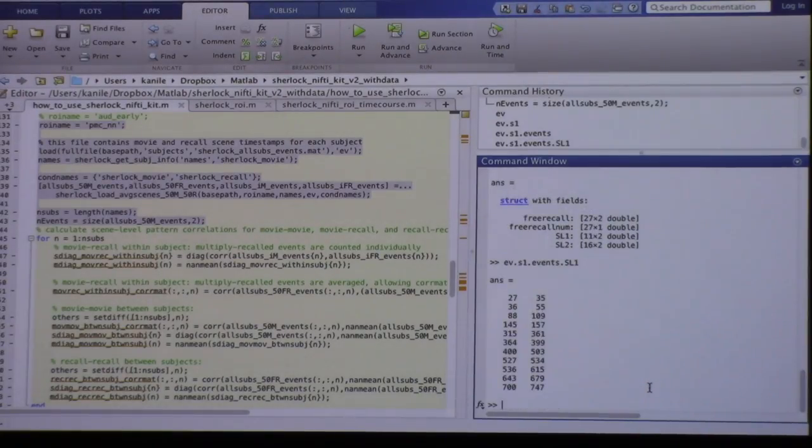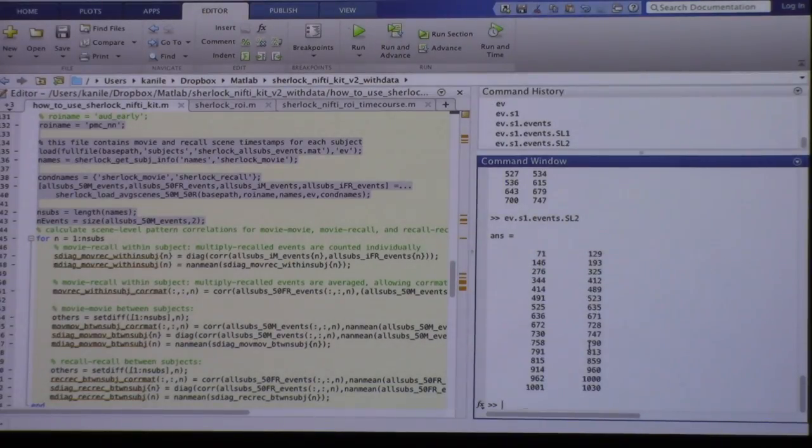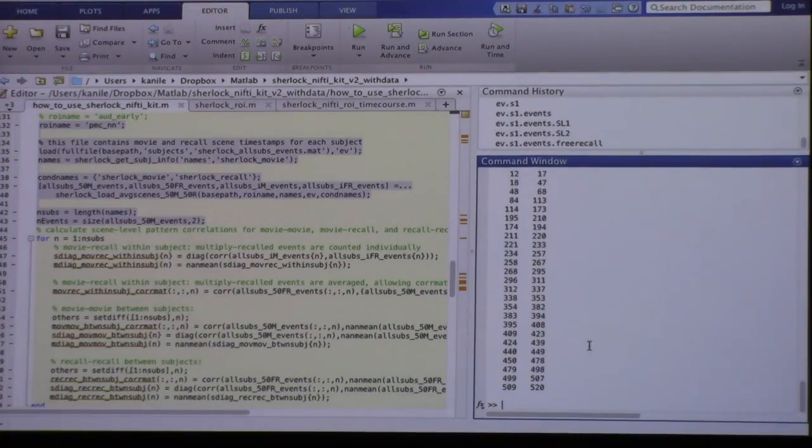These are the start and stop times in TRs of each scene that the subject recalled. And then this is the second half of the movie. These are the start and stop times during the recall data for each of those scenes. And if you look at this field, you see the numbers 1 through 50 of the scenes that that person recalled.